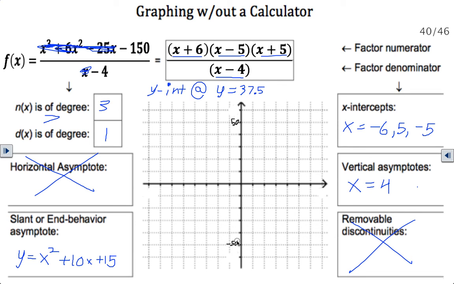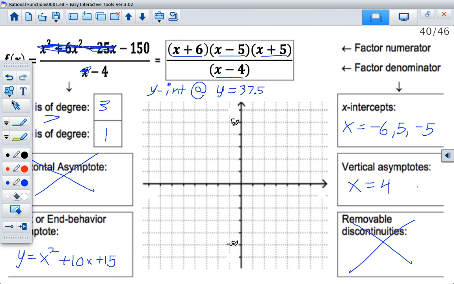So each of these tick marks has a scale of 10. Now my X-intercepts are at negative 6, 5, and negative 5, and my vertical asymptote is at 4. So these will actually probably work here.